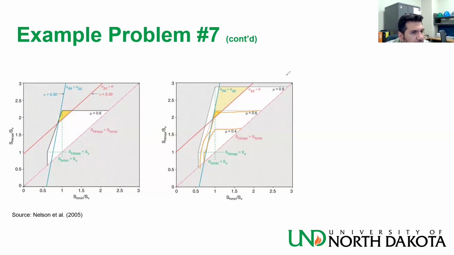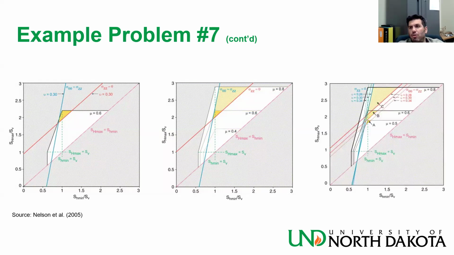Now for 0.8, the polygon becomes bigger, and then you have a bigger range. The range of the stresses becomes much more than what you had at 0.6, right? Therefore, if you change the mu, it's going to change the answer to your problem, even if we are talking about a graphical solution, of course.